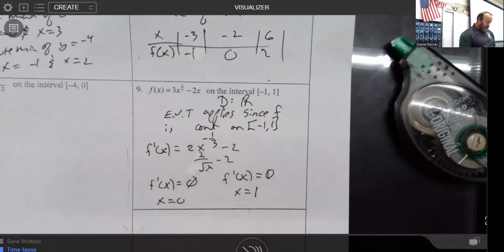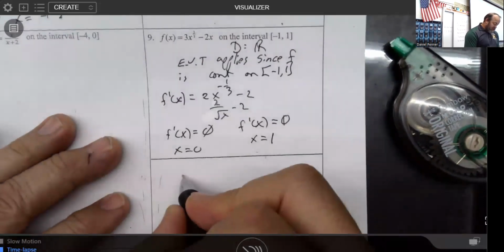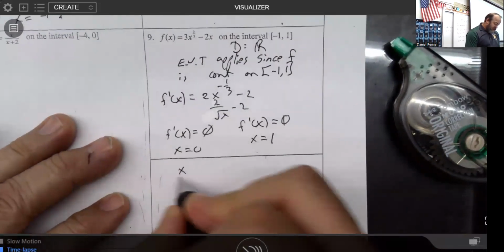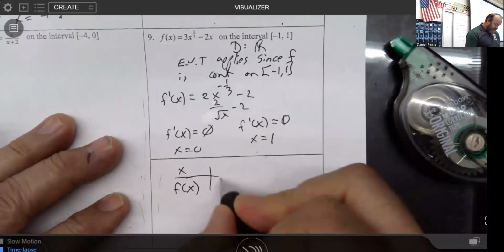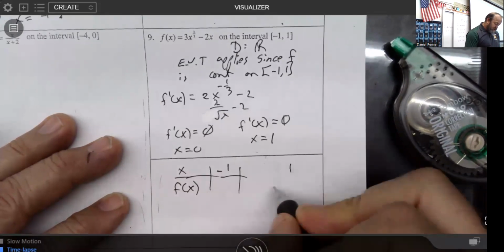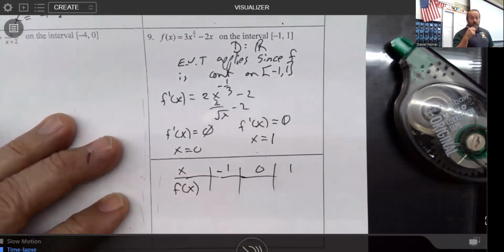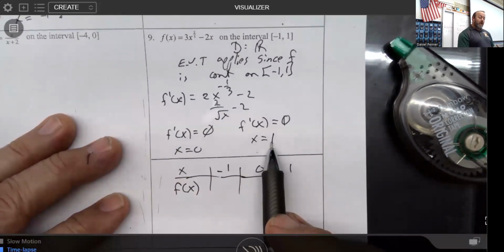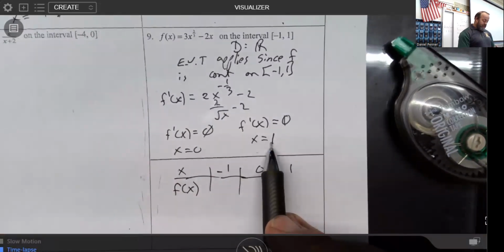And so what we're going to do really quickly is find out what x and f of x is at the two endpoints, which were -1 and +1, but also consider what happened at 0 because that was the additional place. Notice one of the critical values was actually also an endpoint of the interval. So I plugged in those numbers really quickly.